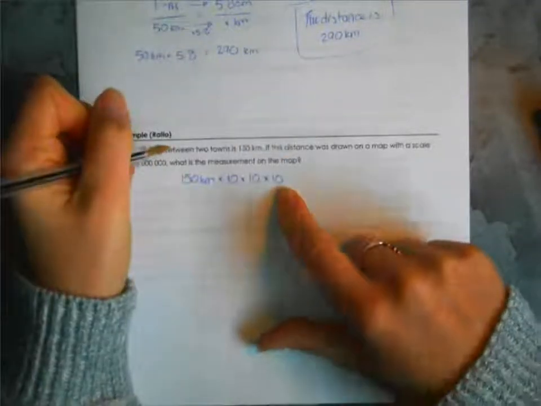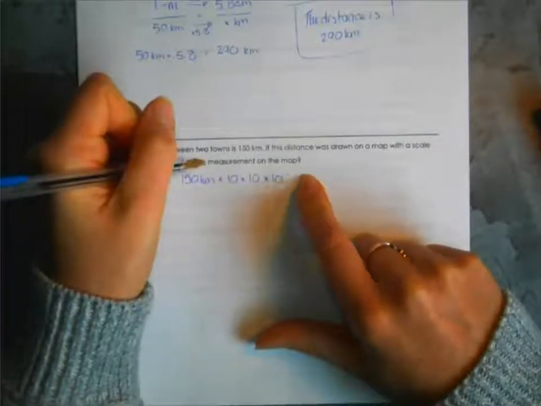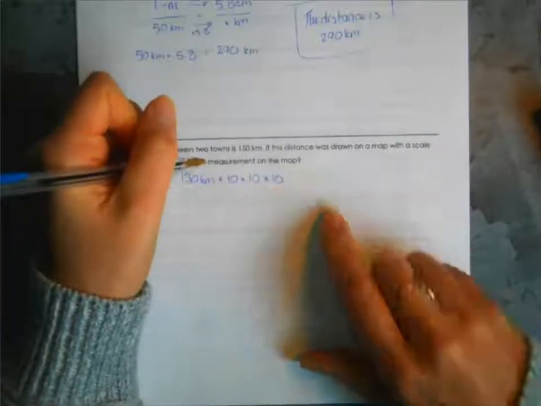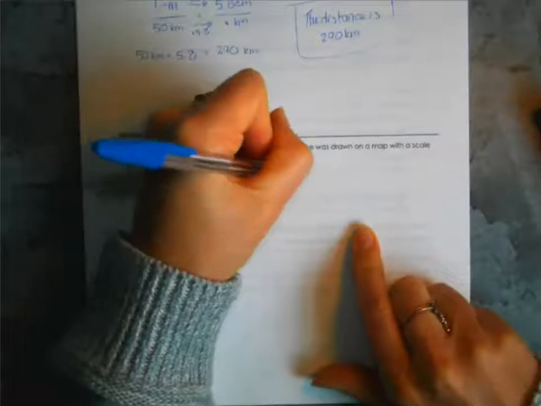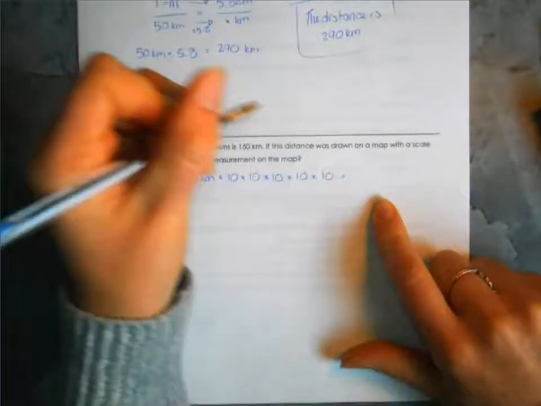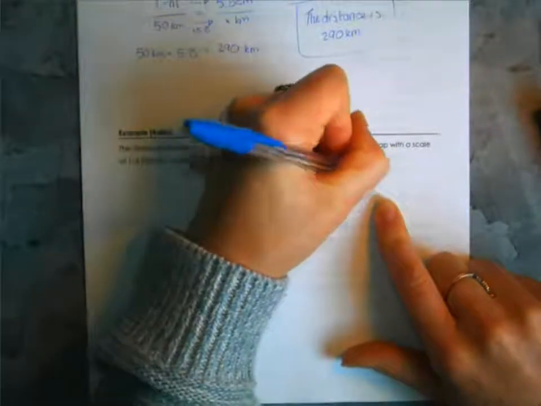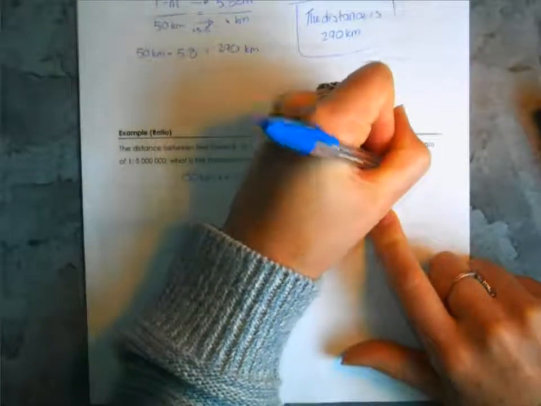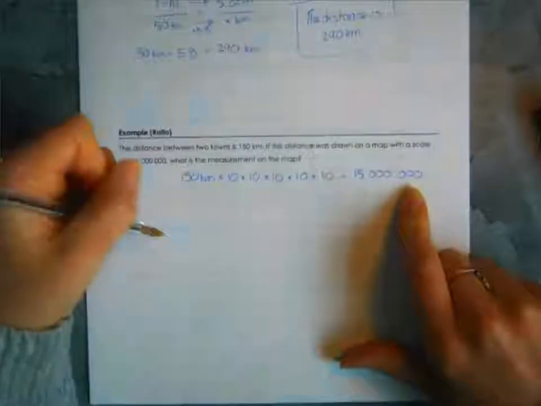And that brings you to your base unit. And then remember, centimeters is 2 more because there's decimeters and then centimeters. So times 10 times 10. And so that ends up giving us 15 million centimeters.